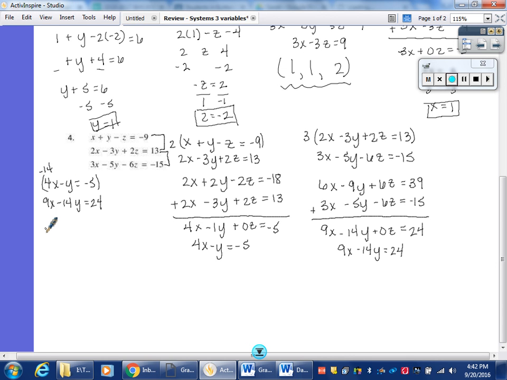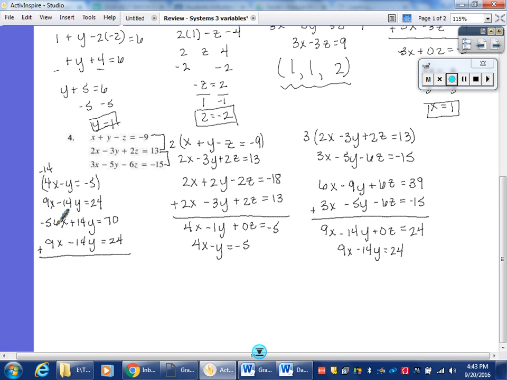So when we do that, we get negative 56x plus 14y is equal to positive 70. And then 9x minus 14y is equal to 24. Add those two together.